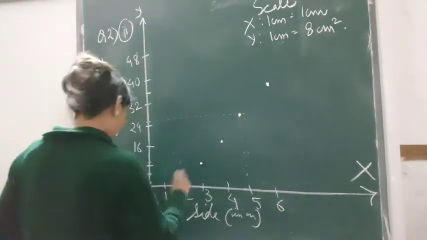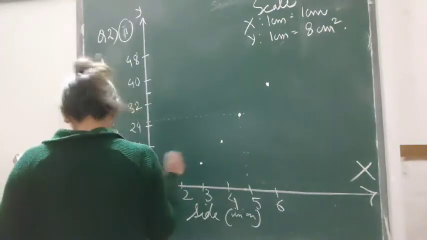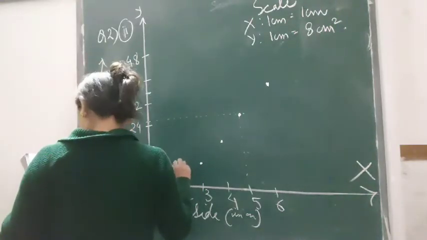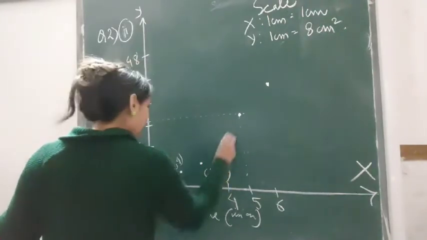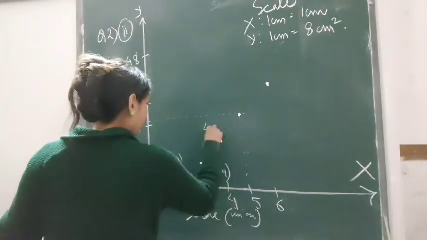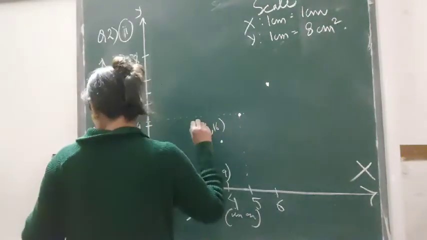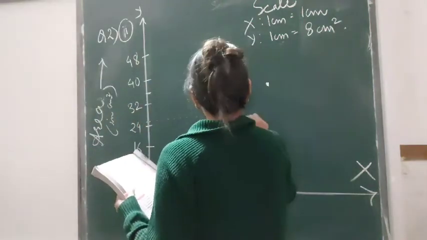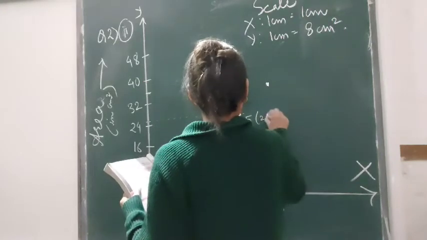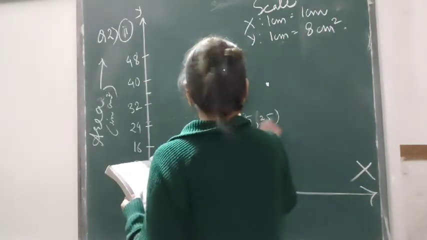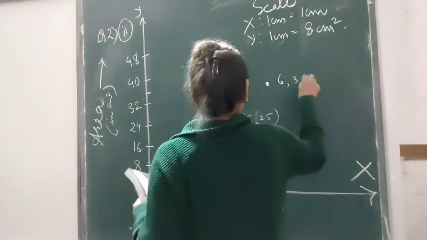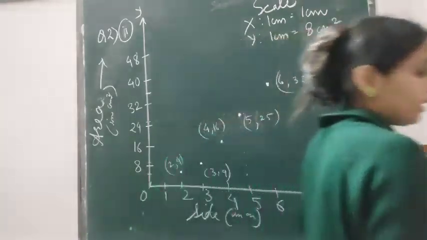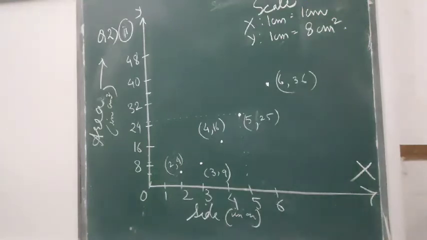Okay, so let's write the points: 2, 4; 3, 9; 4, 16; 5, 25; and 6, 36. Now let's make the line.